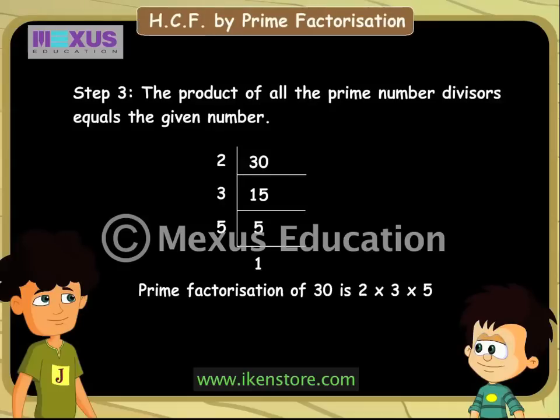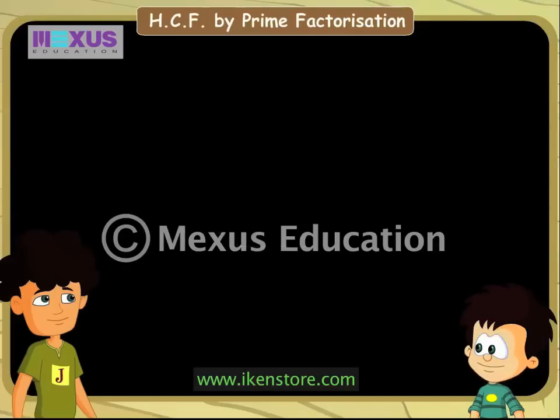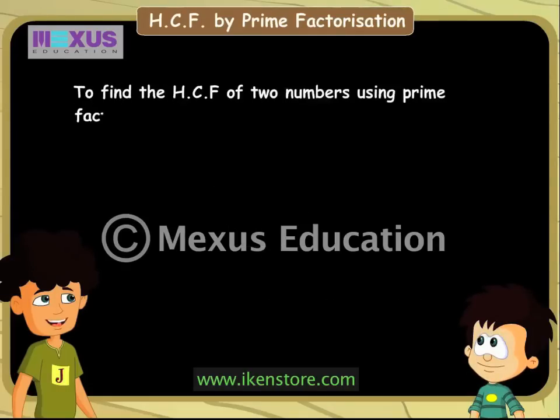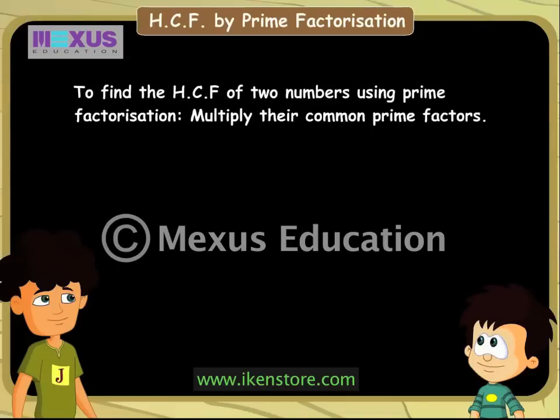We can use prime factorization to find the LCM and HCF of any given numbers. Can you show me how? To find the HCF of two numbers using prime factorization, we have to multiply their common prime factors. Let's see what the prime factors of 18 and 12 are.